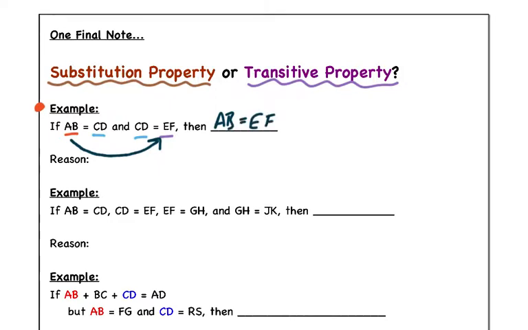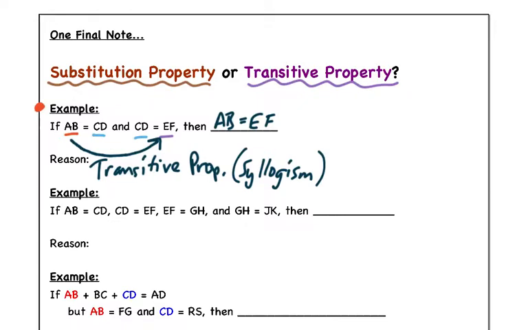Now, I did a couple things. First of all, this really is transitive. Because this is if 1 equals 2, but 2 also equals 3, then 1 equals 3. This is the transitive property. Remember, the transitive property came from the law of syllogism, right?